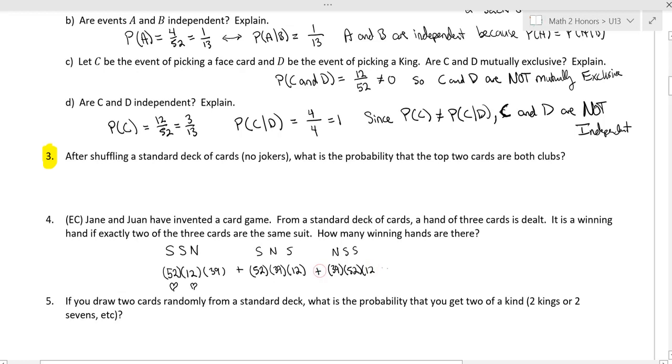Go ahead and work through that, and when you enter that into your calculator, you're going to get 73,008.